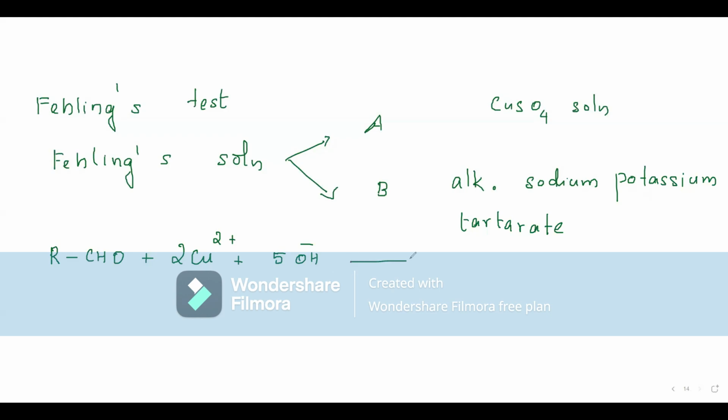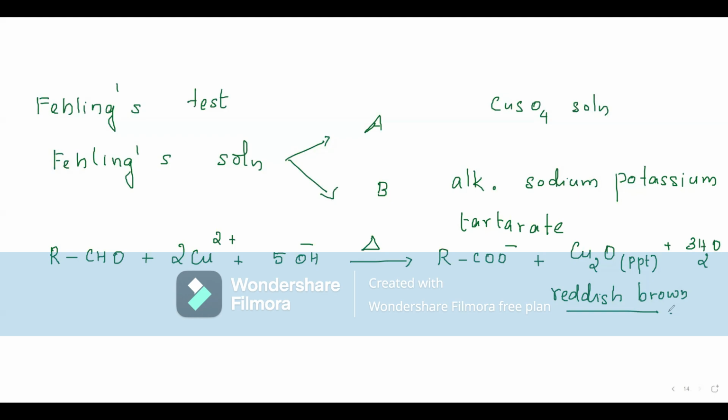So all this reacts on heating to give you the salt of carboxylic acid and Cu2O, which is the precipitate. I'll just write PPT here, Cu2O along with water. The Cu2O is a reddish brown precipitate.